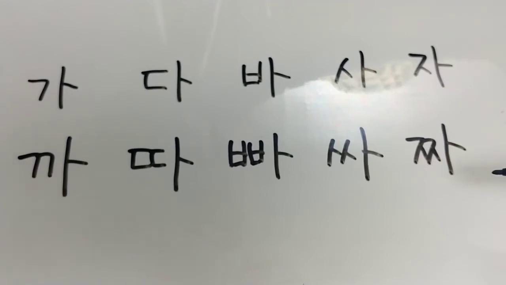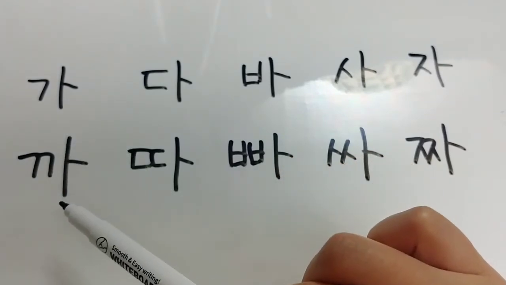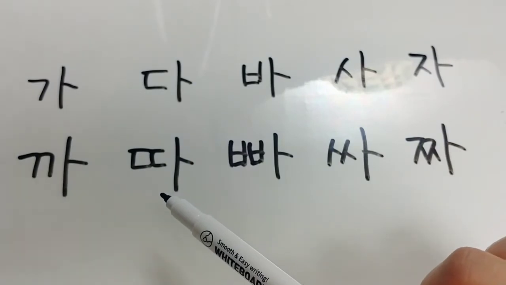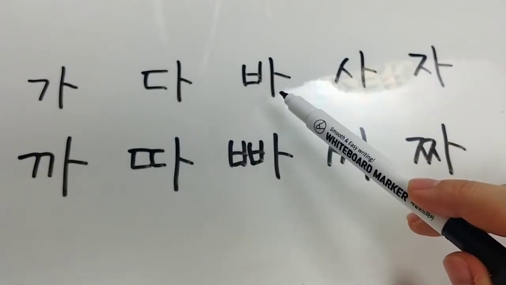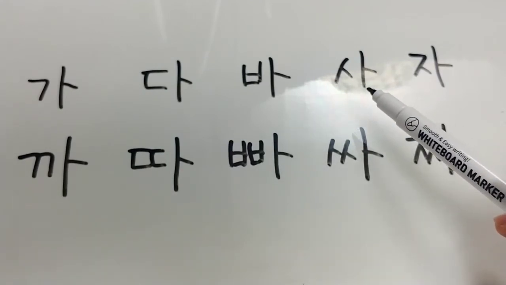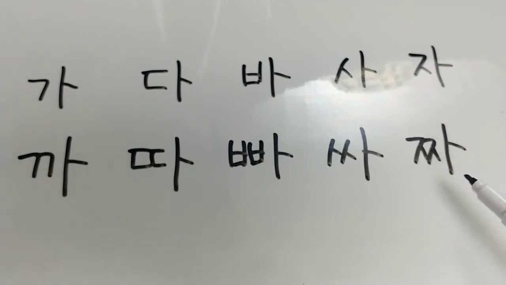I will read it for you, and find the difference. 가, 까, 다, 따, 파, 빠, 사, 싸, 자, 짜. As you heard, the double consonant, the 쌍자음, is a little bit stronger.